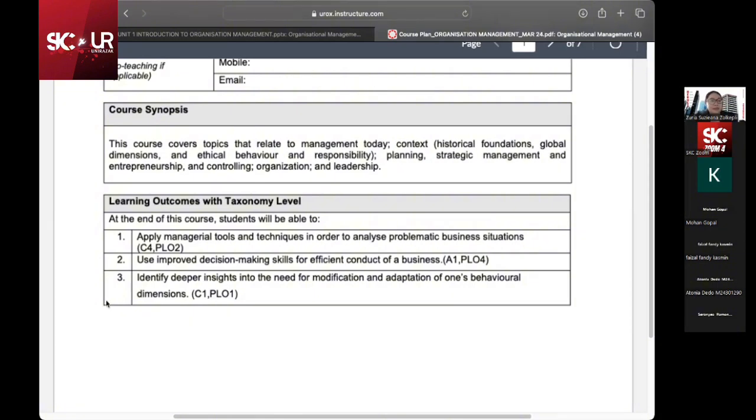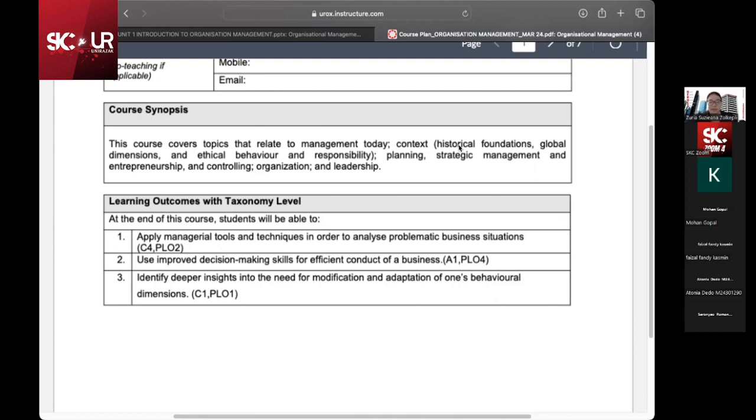And then the third one is to identify deeper insight into the need for modification and adaptation of one's behavioral dimension. In management, one of the importance of management is that we can know people's behavior, because we deal with people all the time.